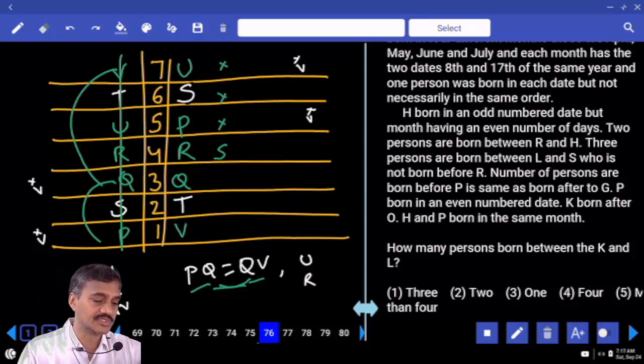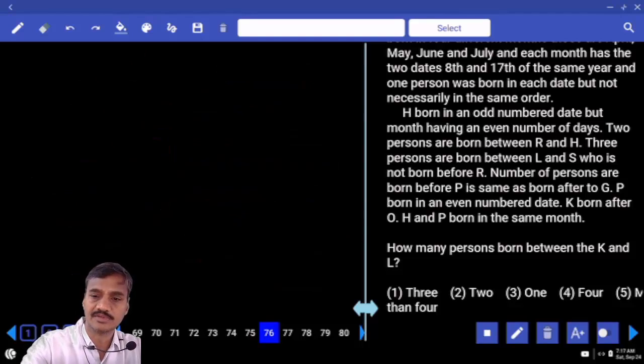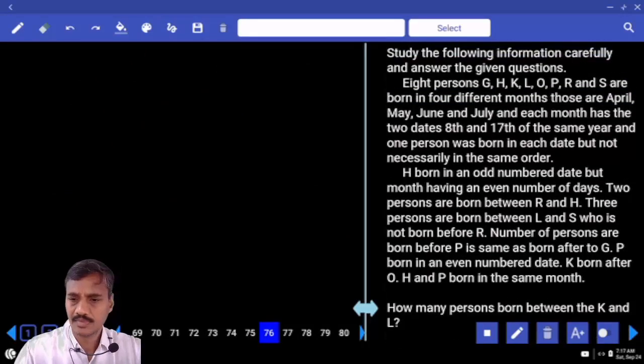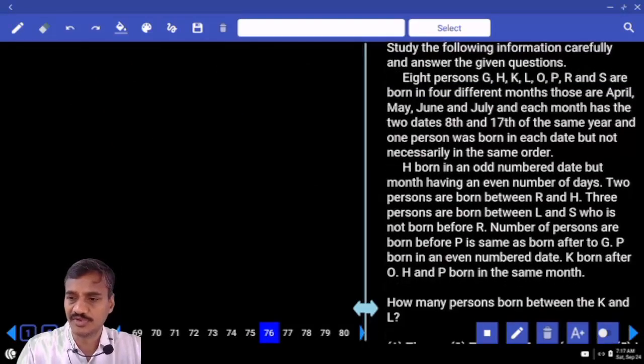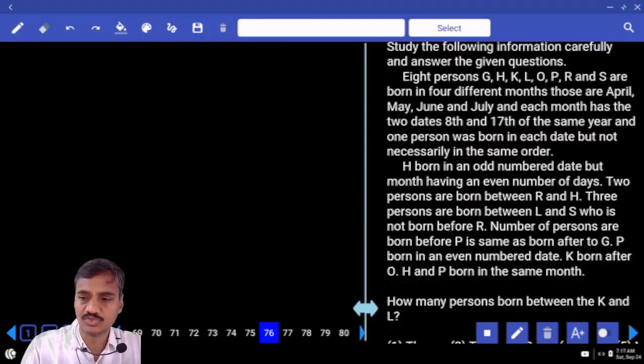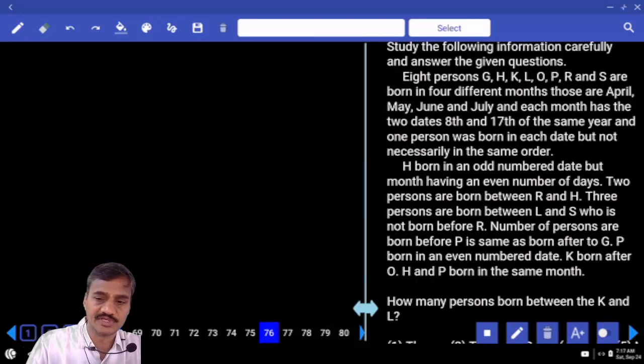Then 76 onwards. Now in this 76 onwards, what is the information we have? 8 persons were born in 4 different months: April, May, June, July, and each has 2 different dates. What are the dates we have? 8th and 17th.